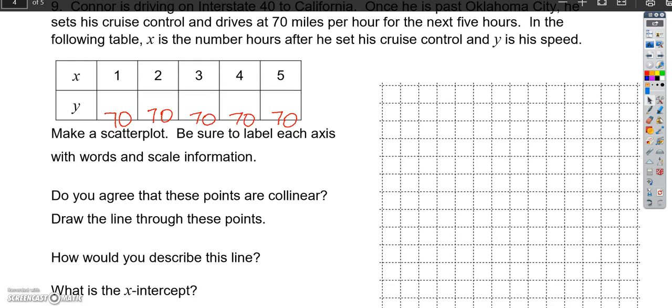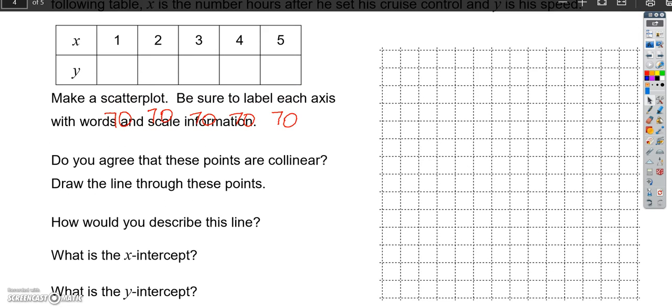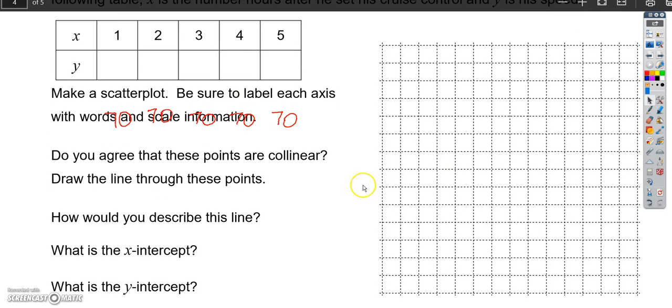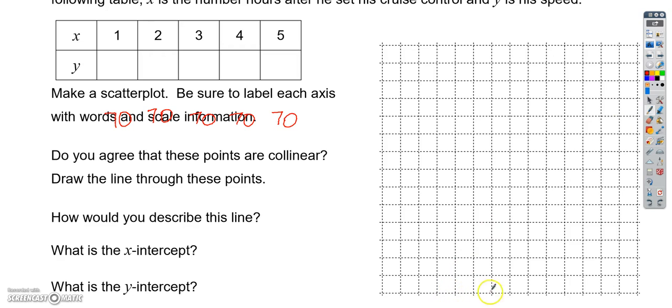So, again, we're not going to have any negatives, so X is going to be hours after cruise control. That's terrible.